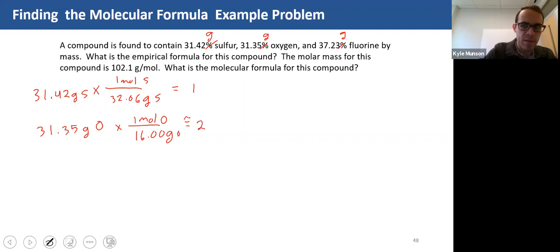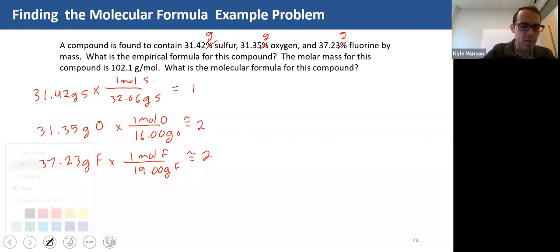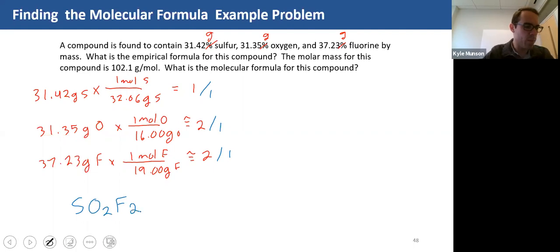All right, so I'm just writing these down a little bit faster. You divide everything by the lowest number to get the empirical formula, which is just 1. Divide everything by 1. So that means the empirical formula is going to be SO2F2. Okay, so that's the empirical formula.